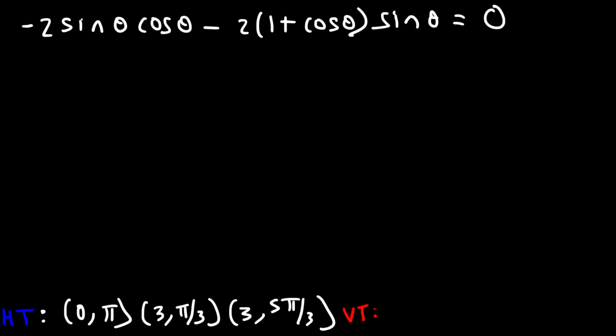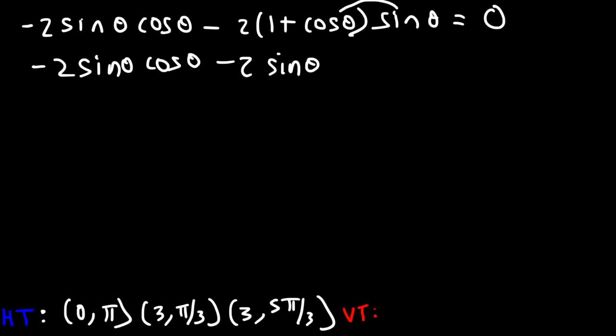So what should we do at this point? Well, let's rewrite this expression. And let's distribute sine. So we're going to have sine times 1 times -2. So then that's just going to be -2 sine theta. And then it's going to be sine times cosine times -2, which is -2 sine theta cosine theta.